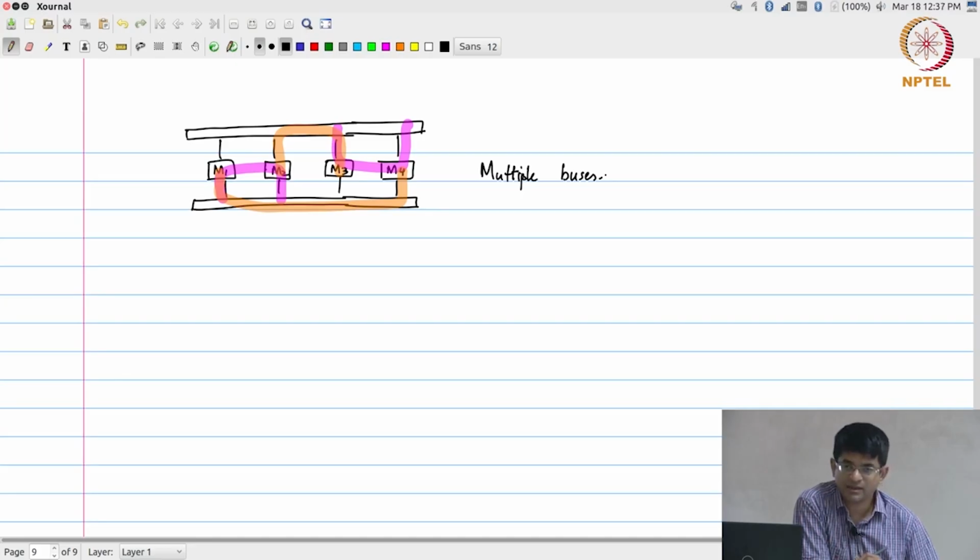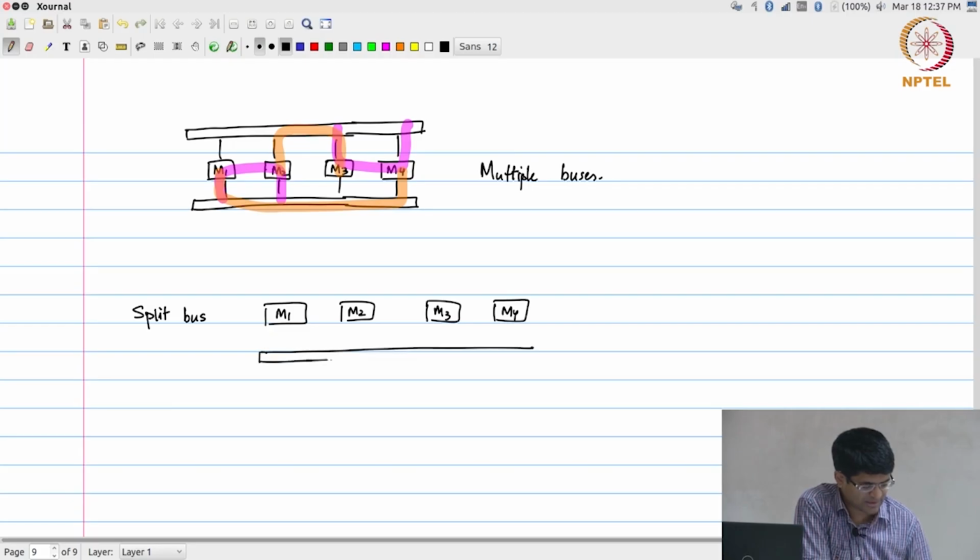Another thing that can be done is actually to say, let me be a bit more clever about this. Can I think of splitting a bus? Okay. So, what does that mean? A split bus is actually a bit more tricky. What it is basically saying is, I have M1 over here, M2 over here, M3 and M4.